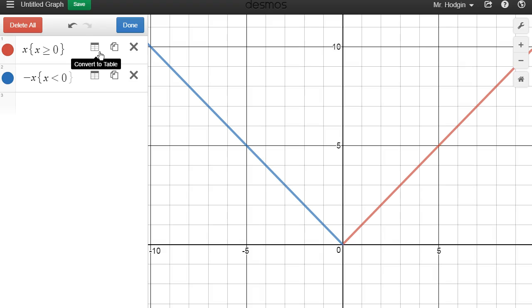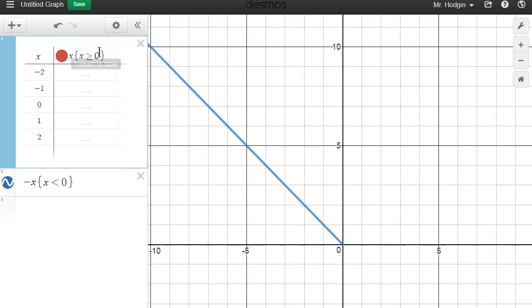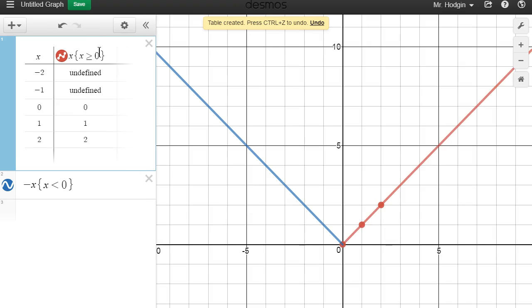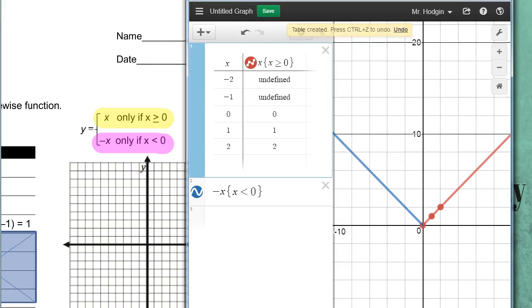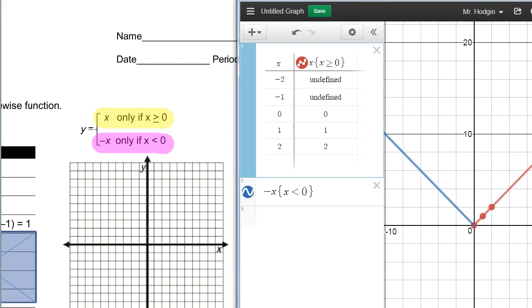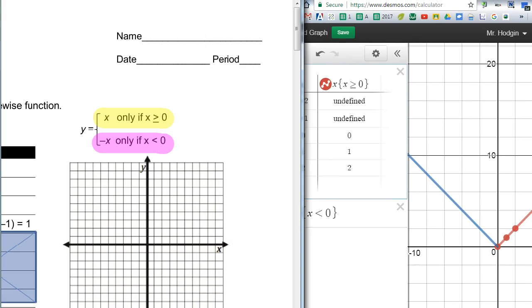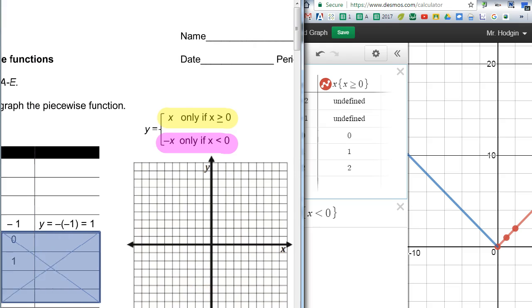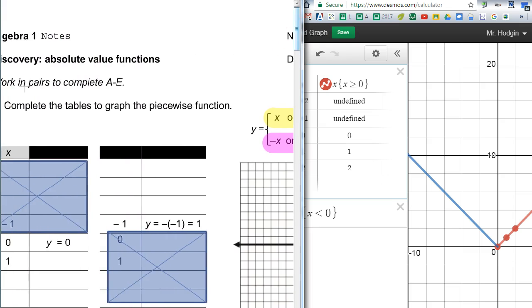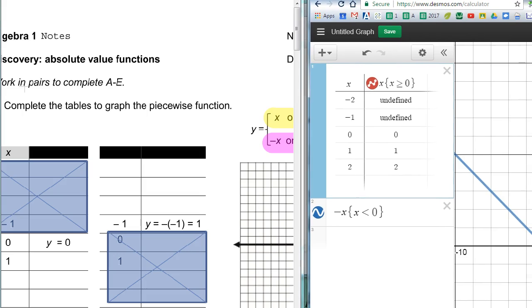And the first one is convert to table. All right, so go ahead and click convert to table. So if you ever need to have the x and y coordinates of any particular graph that you've already created, you can easily use that function there, and that will make a table for you.